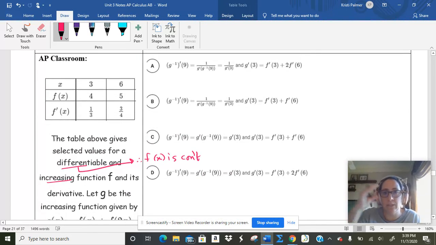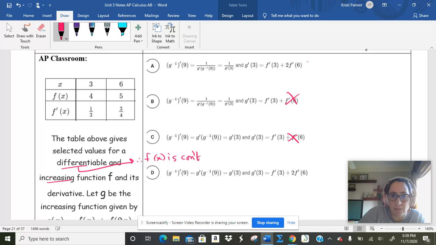Oh, it just wants me to select what we were doing. See if you can find the correct one here. Well, look at g prime. G prime of 3. This one's right. This one's not. It doesn't have the 2. Neither is this. There's the one with the 2. And oh yeah, that one doesn't have the rule that we need, so it is A.